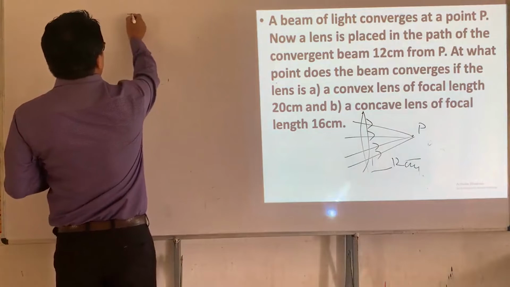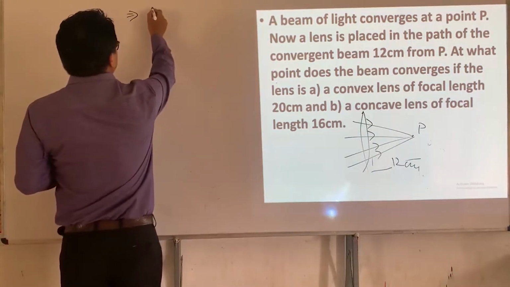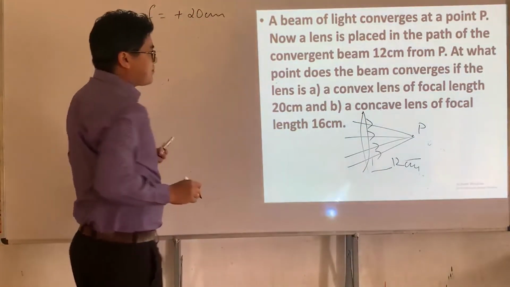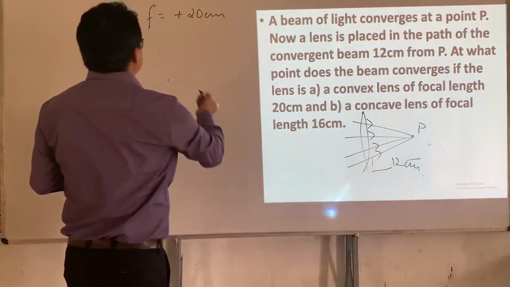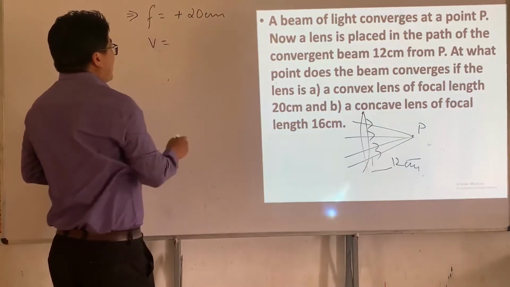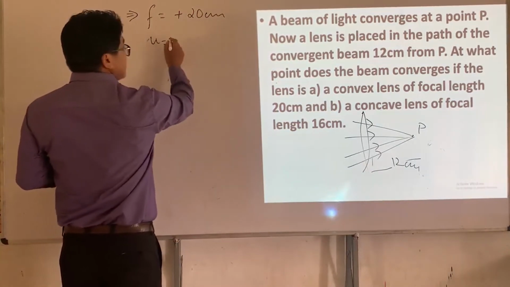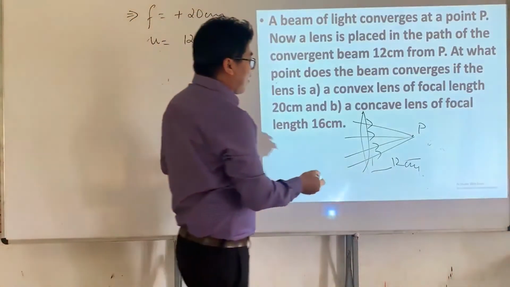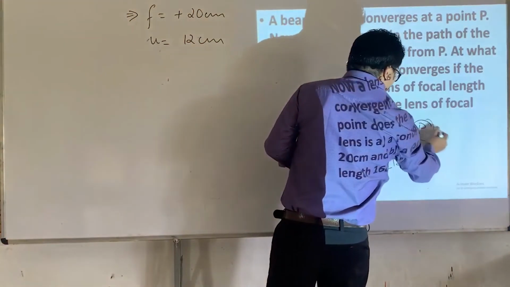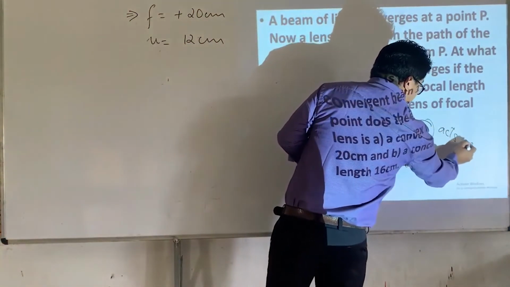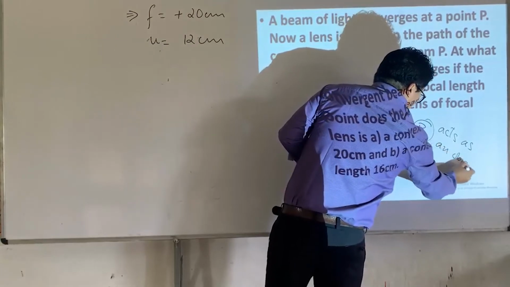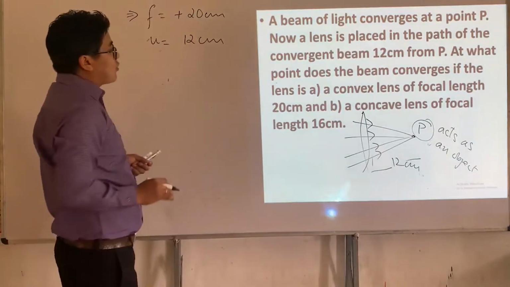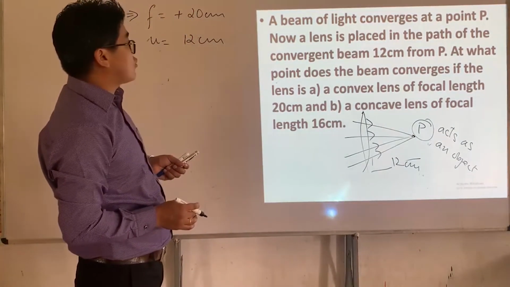F is equal to plus 20 centimeters. And U is equal to 12 centimeters. So P acts as an object for the lens. So therefore, I am going to keep this as U. Therefore, U is equal to 12 centimeters.